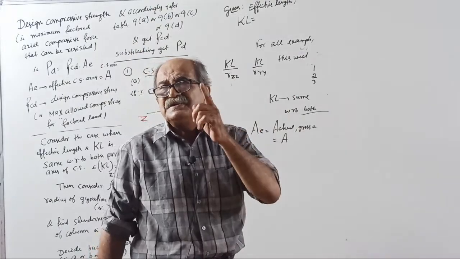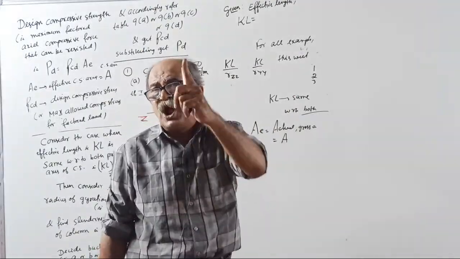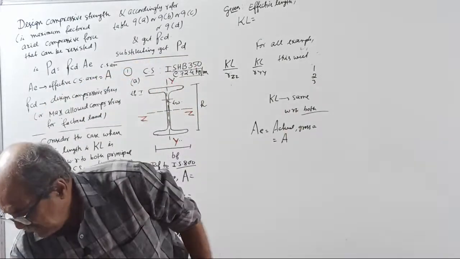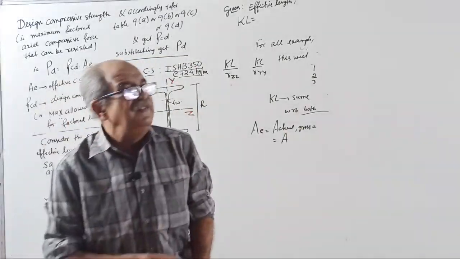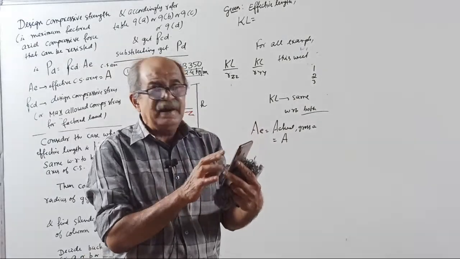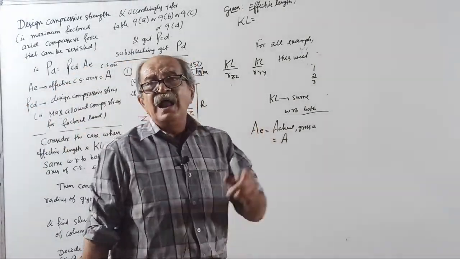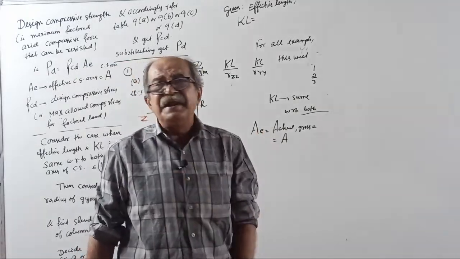Tell me, strength always depends on stronger or weaker. Write it if you want. This I am shouting class after class throughout my teaching. When you find strength, always the weaker is the critical.